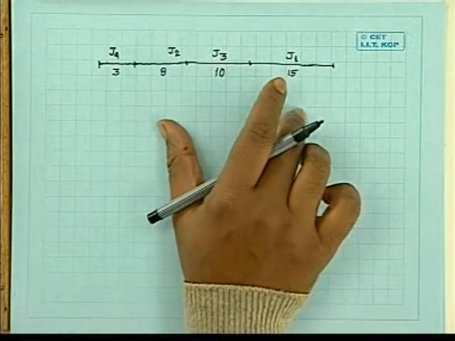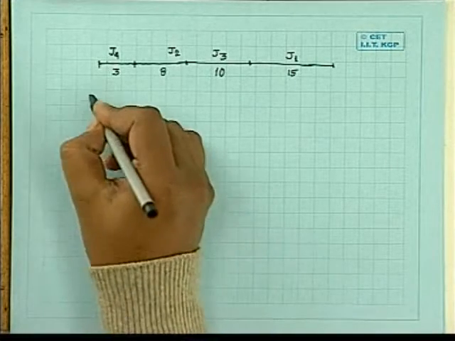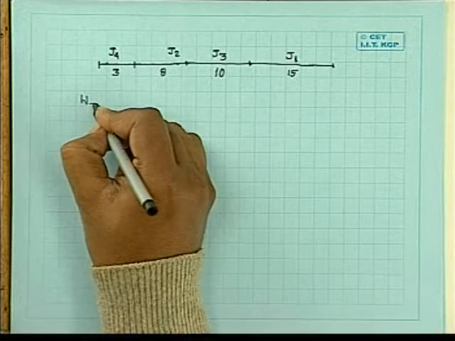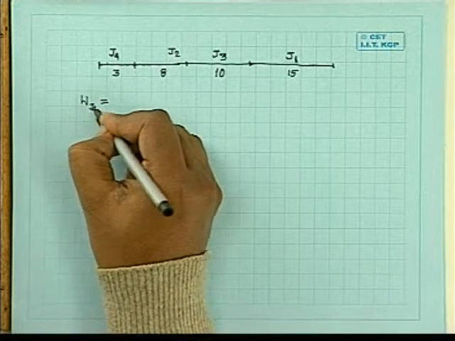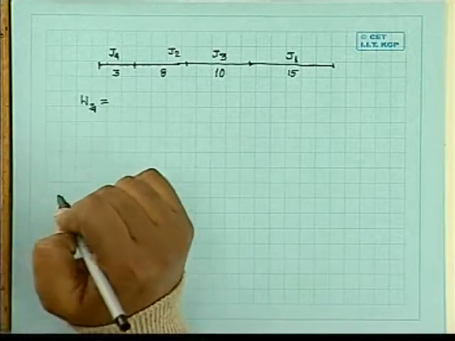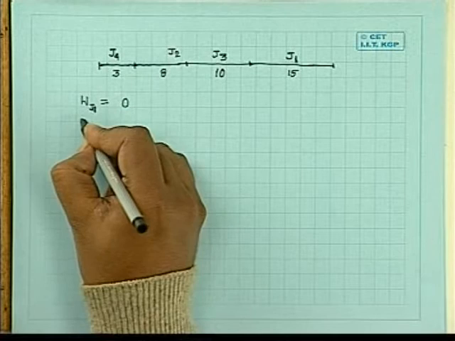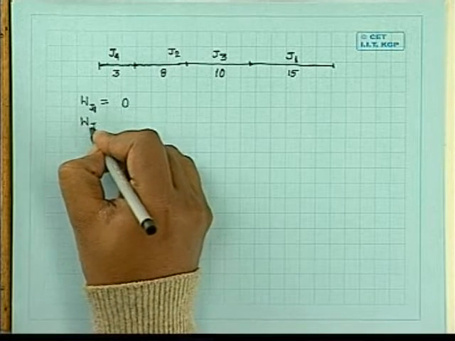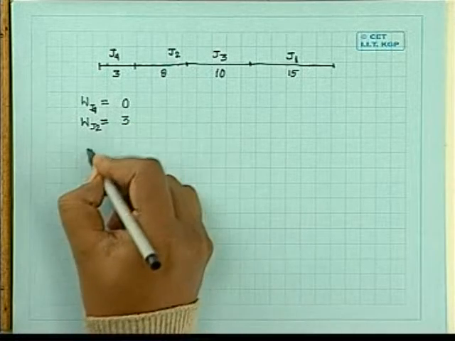Now, with this scheduling, if I compute the average waiting time, you find that the waiting time of job J4, because that has been executed first, is equal to 0. Waiting time of job J2 is equal to 3 time units.